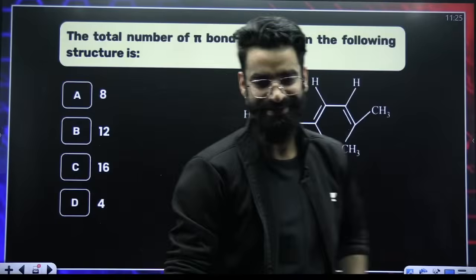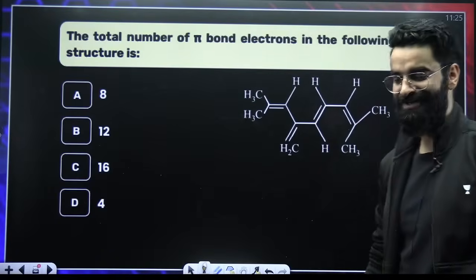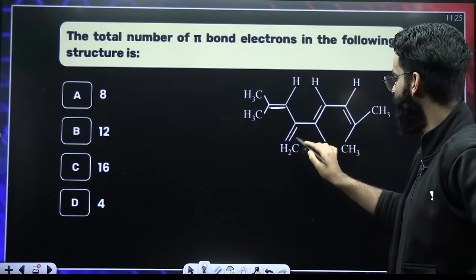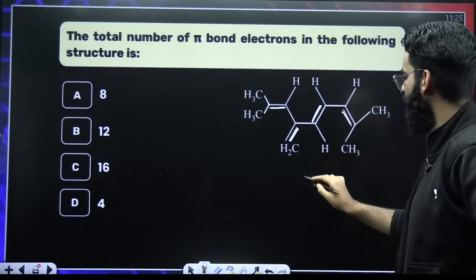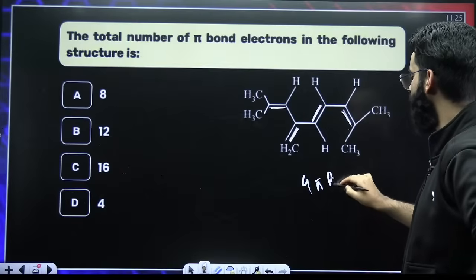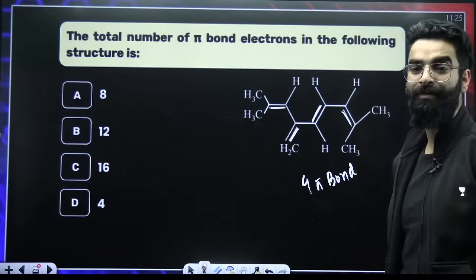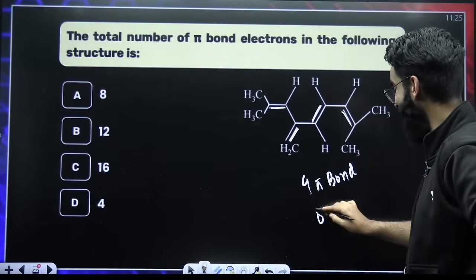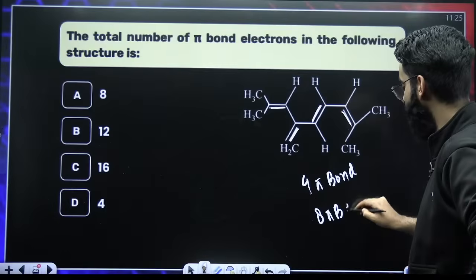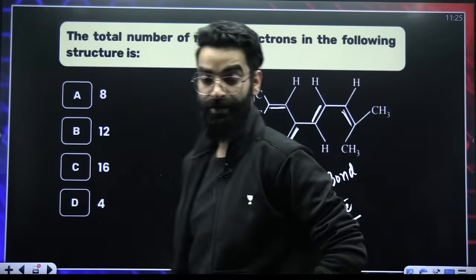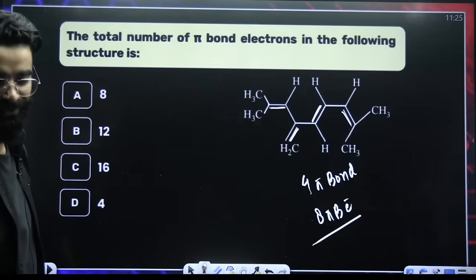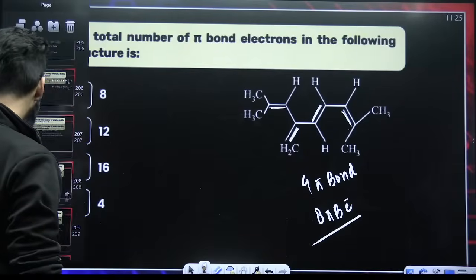This is a pi bond, pi bond, pi bond. So how many pi bonds? 4 pi bonds. 1 pi bond formation requires 2 electrons. So there are 8 pi bond electrons here. Right? Don't write 4 or something. Perfect.